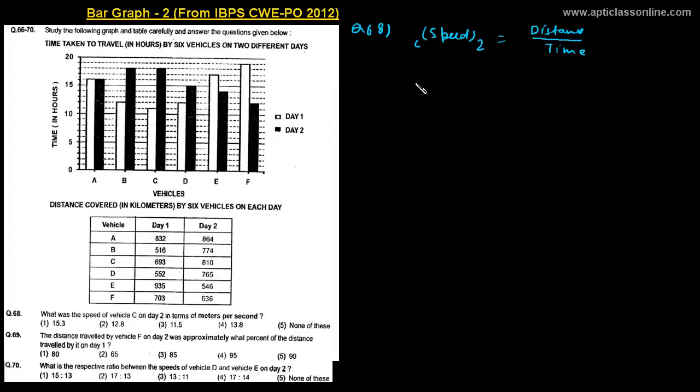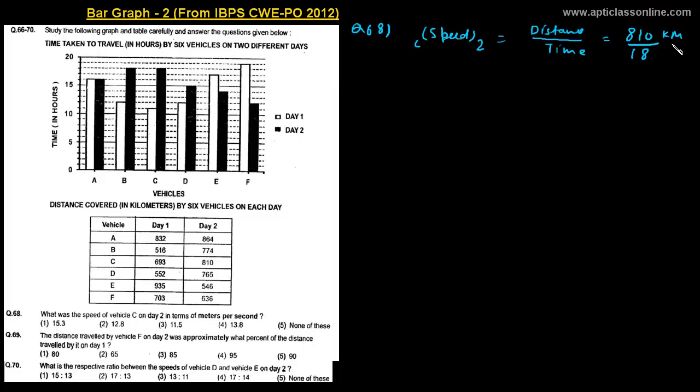The distance is given by this data table. So the distance covered by vehicle C on day 2 is 810 kilometers, and the time taken by C on day 2 is 18 hours. So 810 divided by 18.